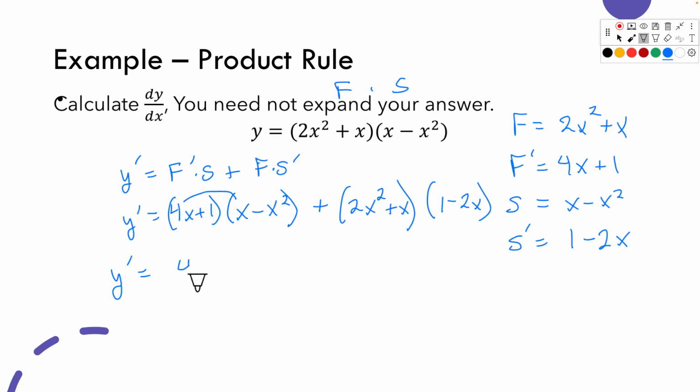Foiling out, we get 4x squared minus 4x to the third plus x minus 4x to the third.